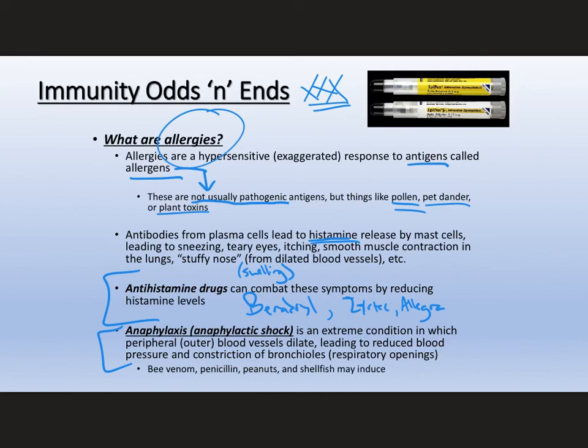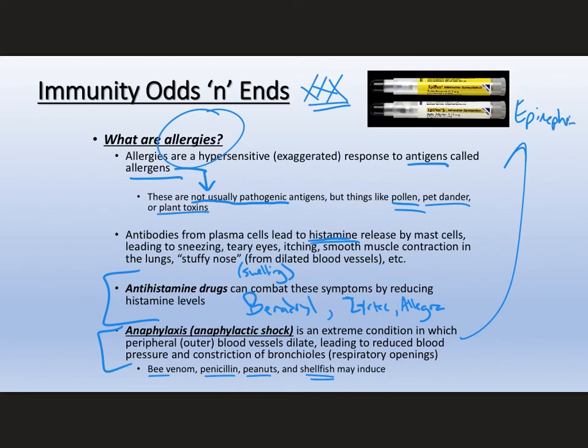And so, again, there are certain allergens that tend to be worse than others for people in terms of anaphylactic response. So things like bee stings, penicillin, and some other medicines, peanuts, a lot of times something like shrimp can cause anaphylaxis. And when that happens, you need epinephrine, right, or adrenaline.